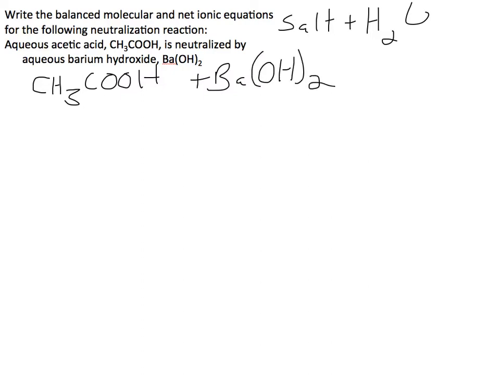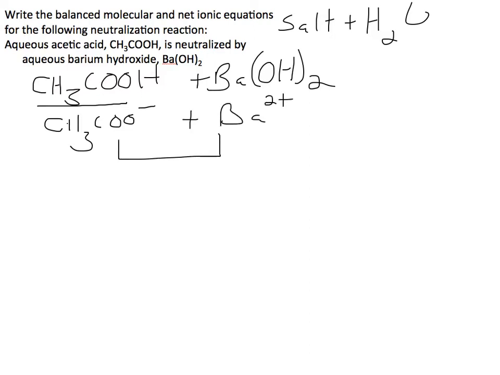If we combine that, we have CH3COO minus plus barium, Ba2 plus. And so we combine those, and basically we get barium acetate, which is Ba(CH3COO)2, and it's going to be 2 of those. Alright, and so this is soluble.